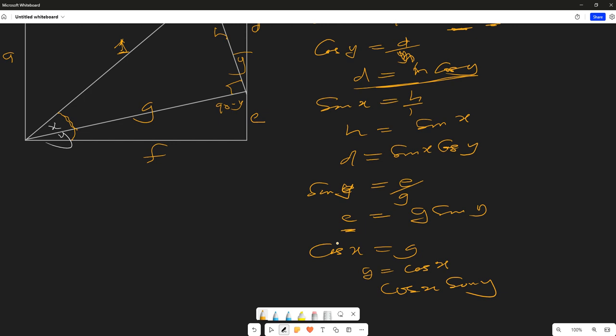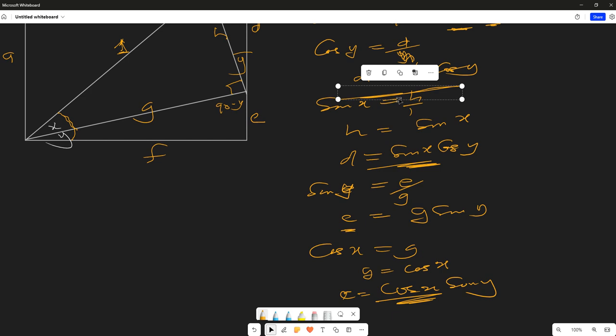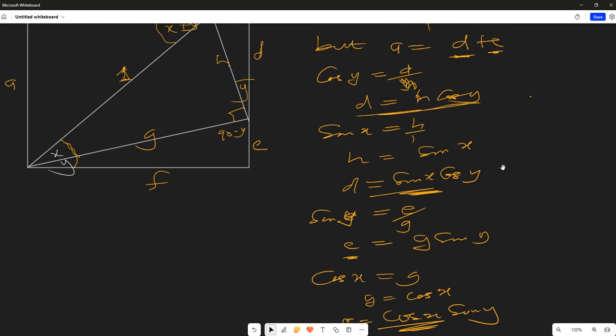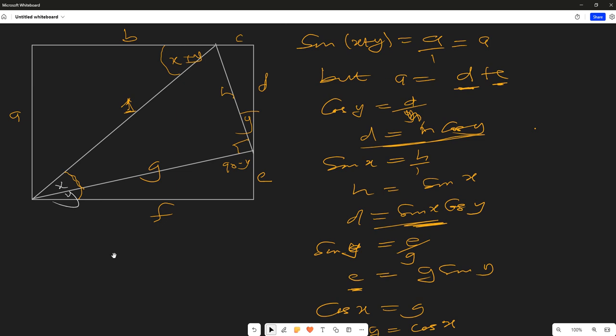Now we know the value of our E, which is cos x sine y, and we know our value of D, which is sine x cos y. We can now write a new equation for our sine x plus y.